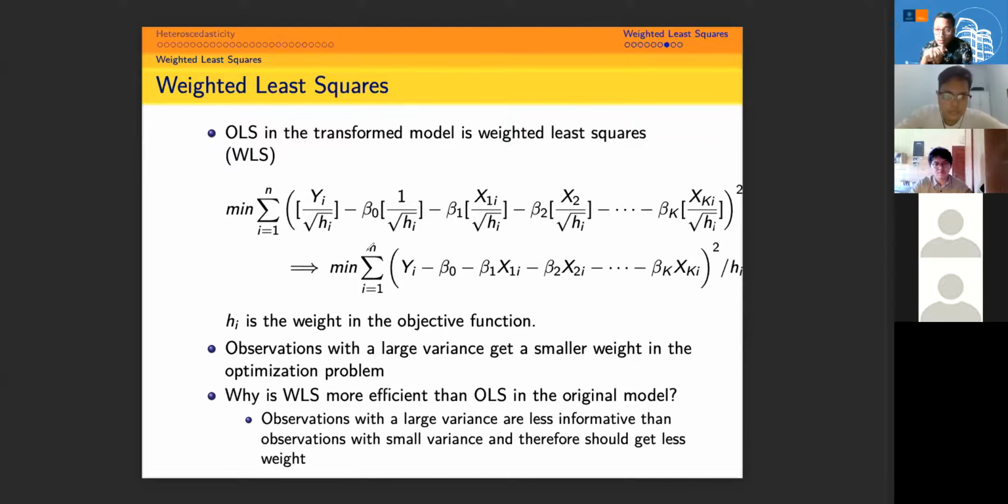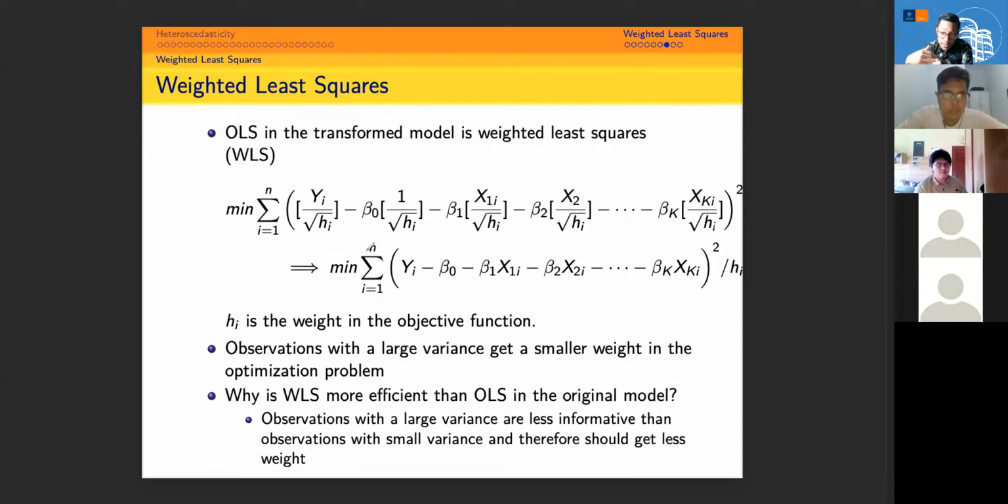The big question is, why is WLS more efficient than OLS in the original model? Because it gives different observations different weights depending on how large the variance is. If the variance is large, it's less informative, and so you give it a lower weight.